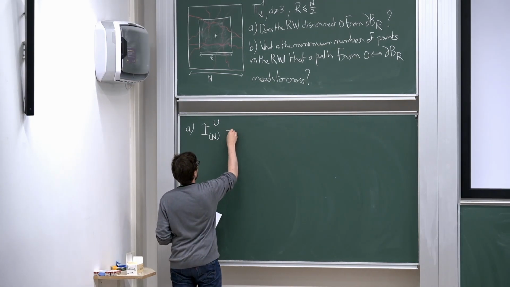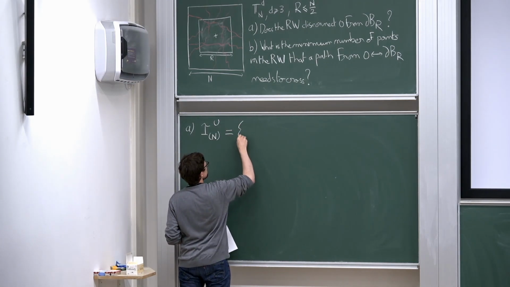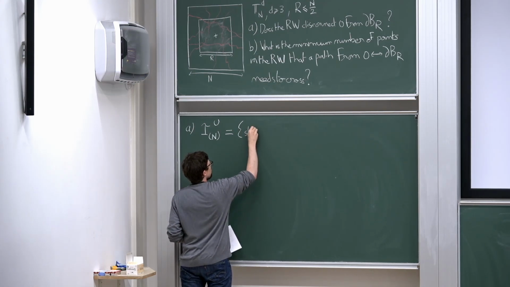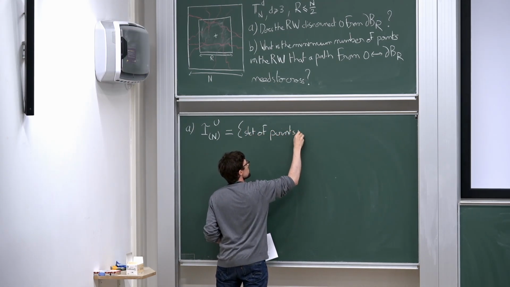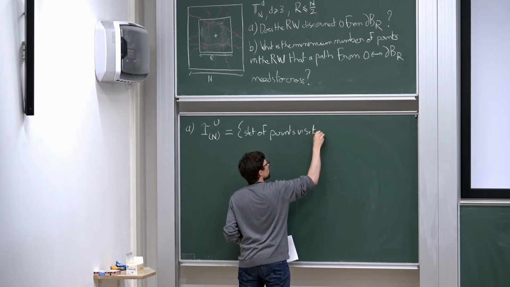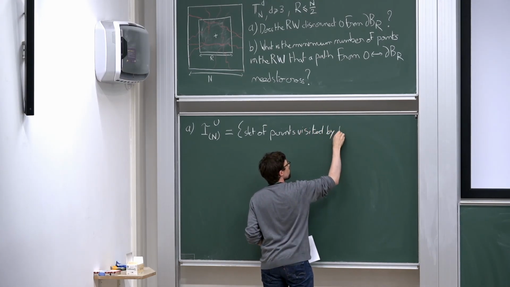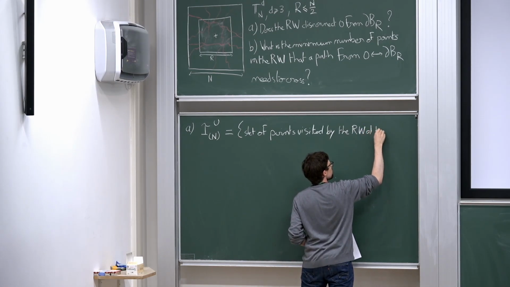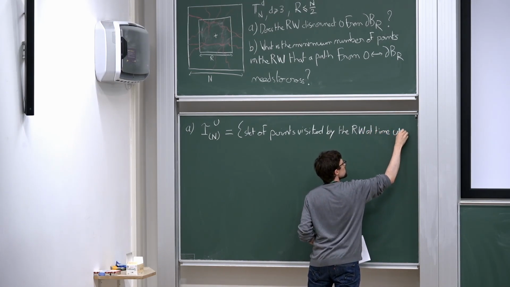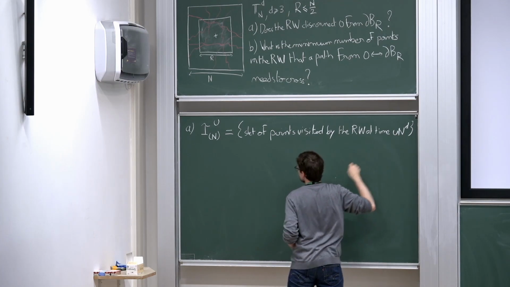So I will call I_n^u the set of points visited by the random walk at time u n^d. And we will see in a moment why this parameter u is important.